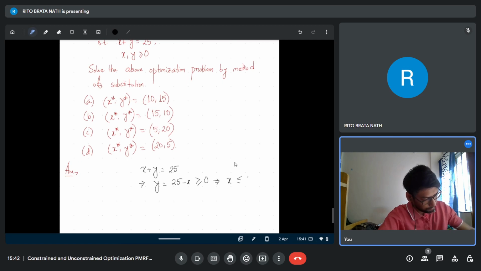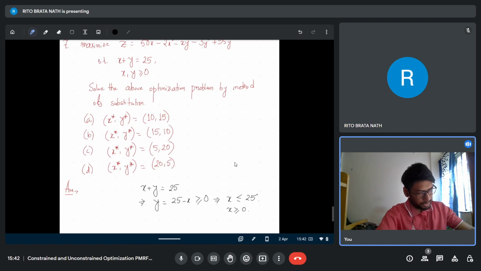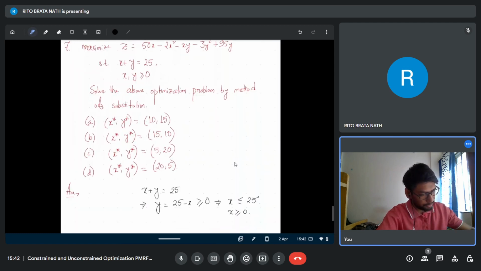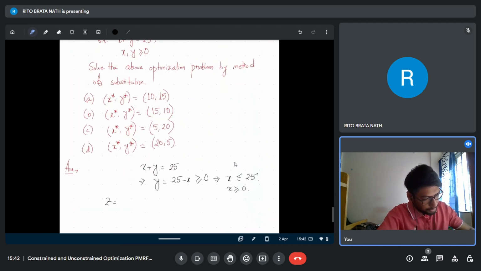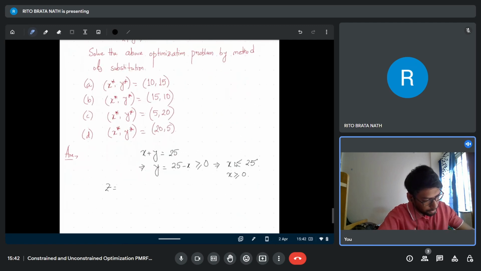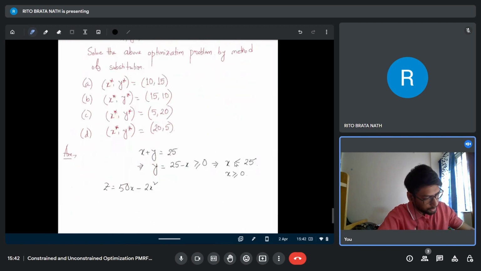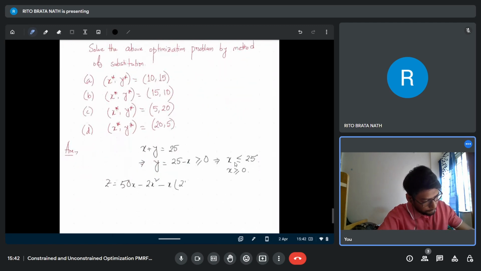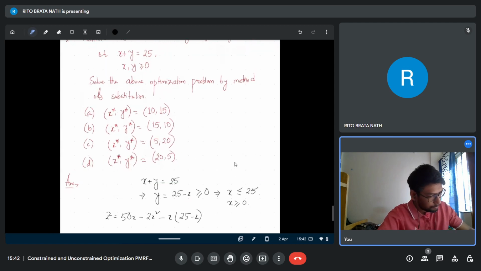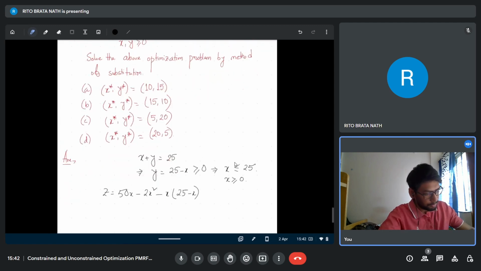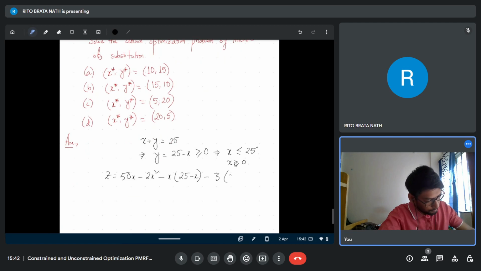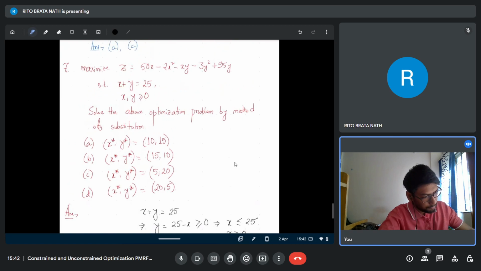That means x is less than or equal to 25, and you know that x is greater than or equal to 0. And Z, you can write it in terms of x only. So Z is 50x minus 2x square minus xy minus 3y square plus 95y.